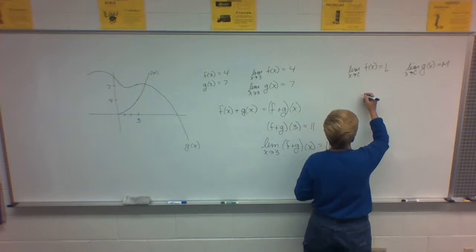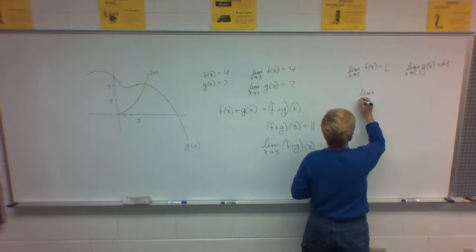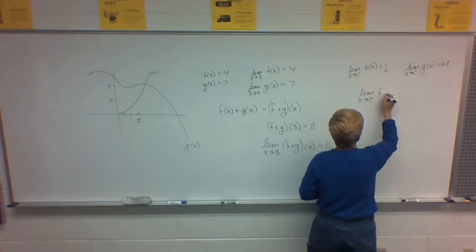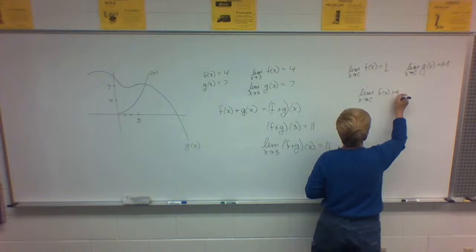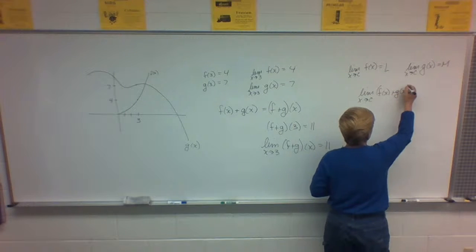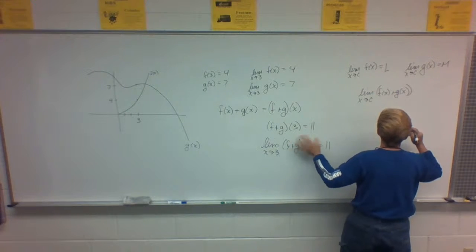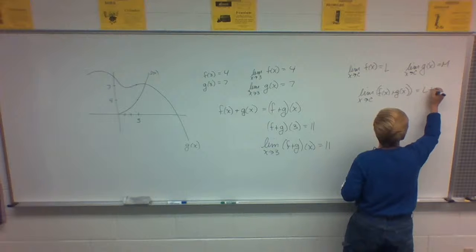Like with the sum that I said, the limit as x approaches that same c of f of x plus g of x. Most people like to see it written that way better. It's written this way as well. It's going to be L plus m.